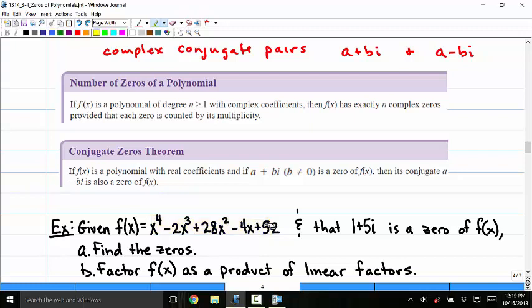If 1 plus 5i is a 0, then you know that 1 minus 5i is a 0. So how many zeros do you know right now? 2. How many are there going to be total? 4. You know 2 of them. Go do your synthetic division and reduce it down to a quadratic.